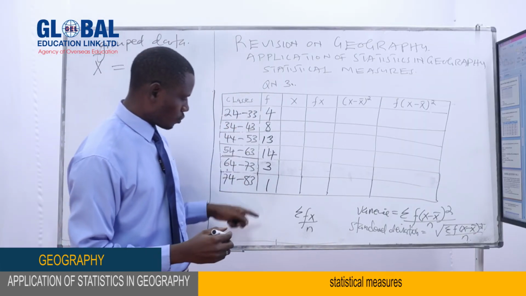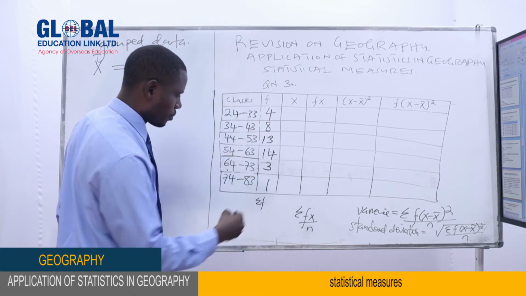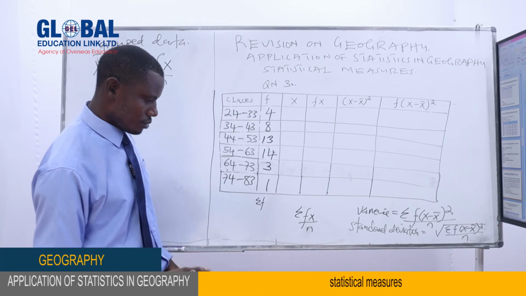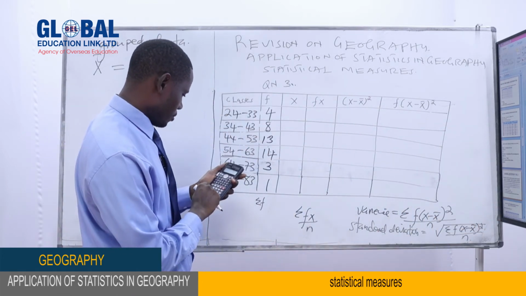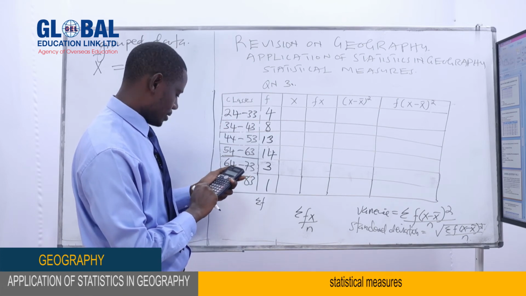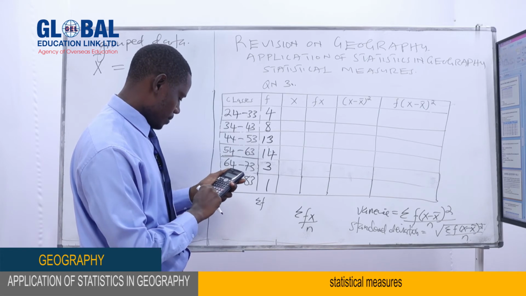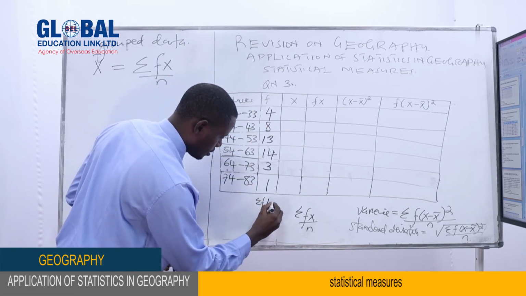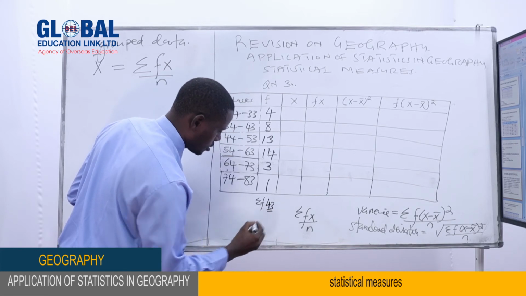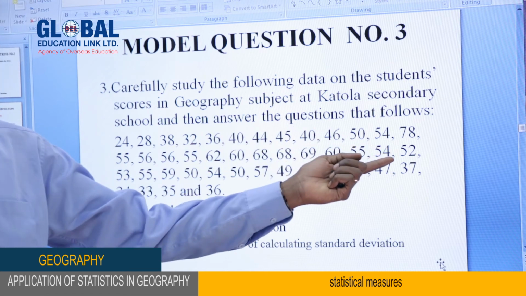But again, you should cross-check the summation of F. You check the summation of F. Then you take 4 plus 8 plus 13 plus 14 plus 3 plus 1. Then you come up with a total of 43. So you should check if you have 43 based on the question.